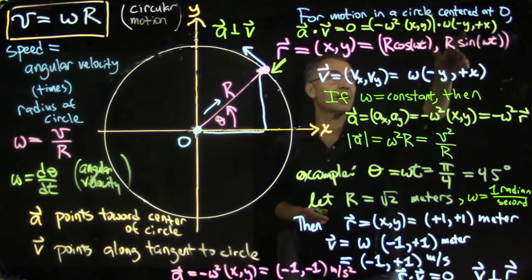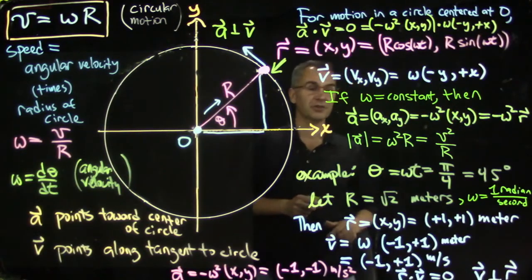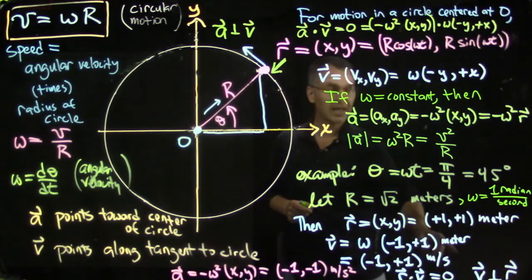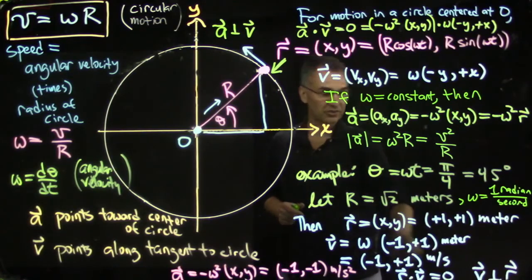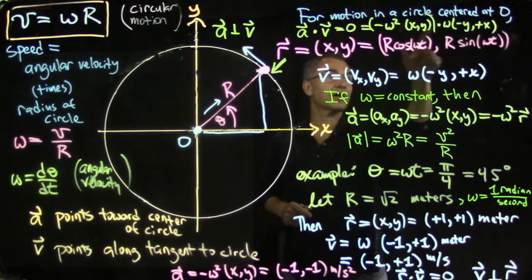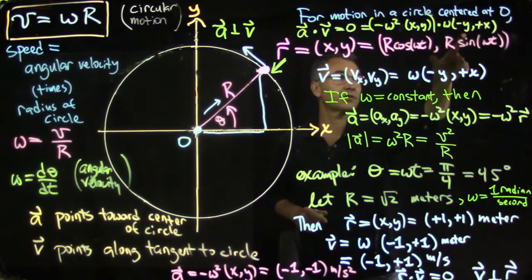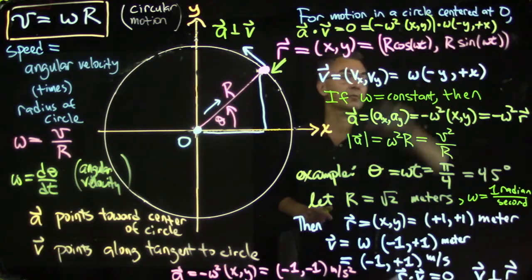So x times minus y would just cancel the y times x. So you would get 0 for this dot product. And there's a similar thing that happens when you take the dot product of this position vector with the velocity vector. You get x comma y dot product with minus y comma plus x. So the x times minus y would just cancel out with the y times plus x.